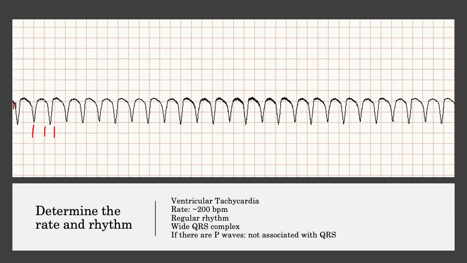So this is a wide QRS complex VTAC. If there are P waves, they're not associated with the QRS. And so you may see some examples of that. You may see retrograde P waves, meaning that they're after the QRS complex.